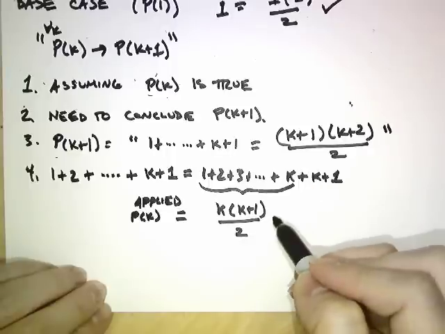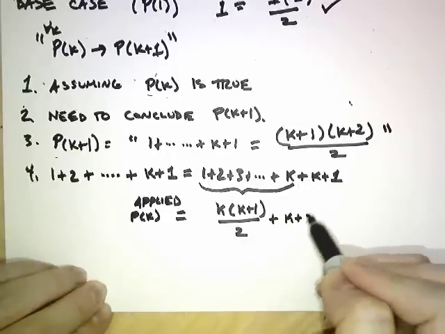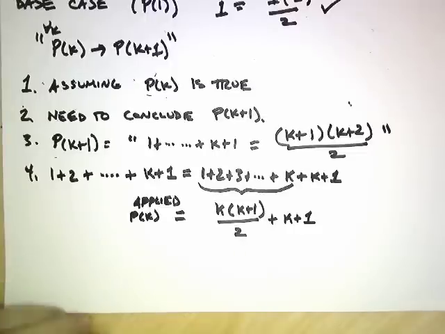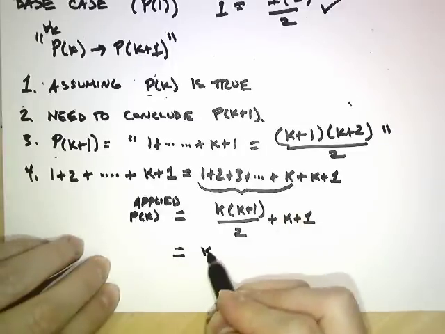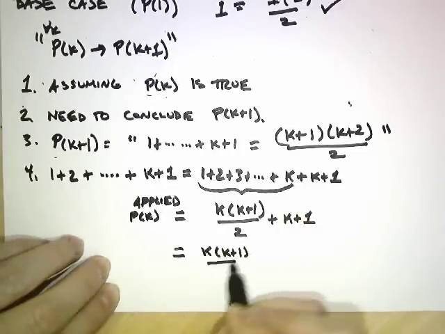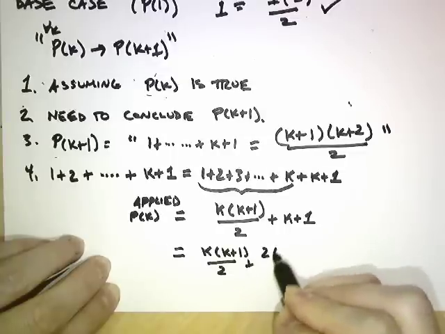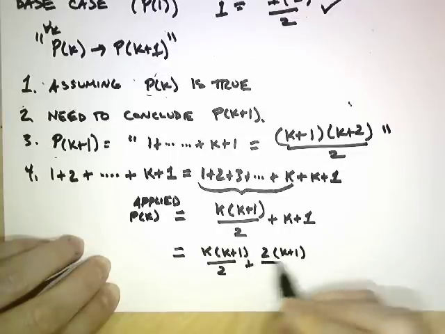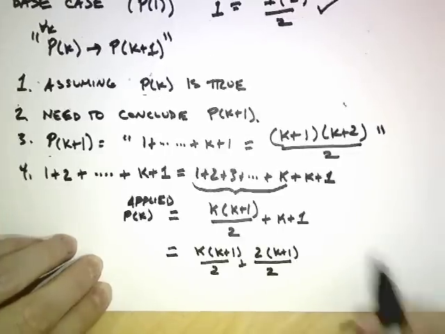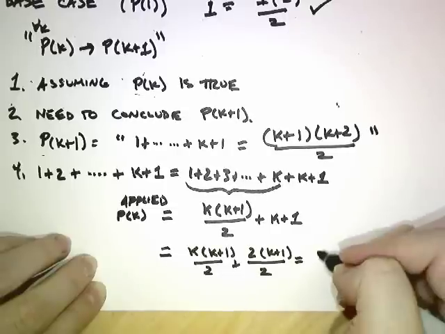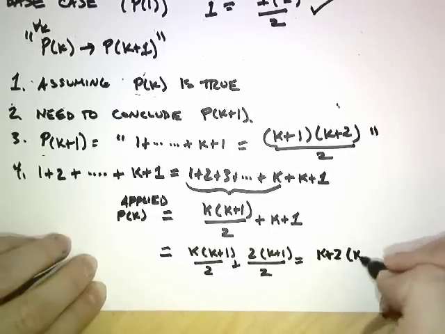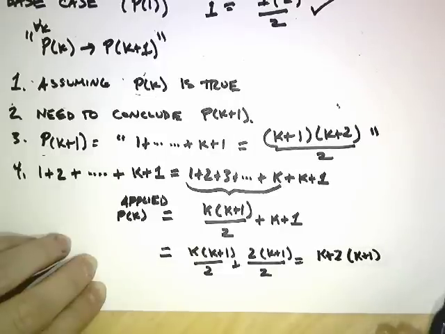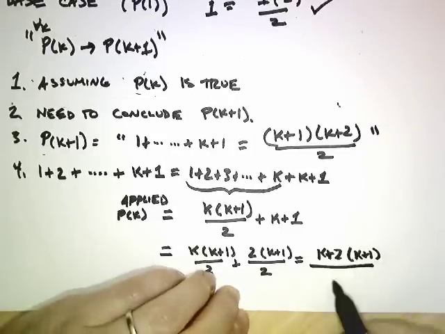Well, we have one term left, plus k plus 1. So I'm going to put them over a common denominator: k times k plus 1 over 2, plus 2 times k plus 1 over 2. And this equals k plus 2 times k plus 1, all over 2.